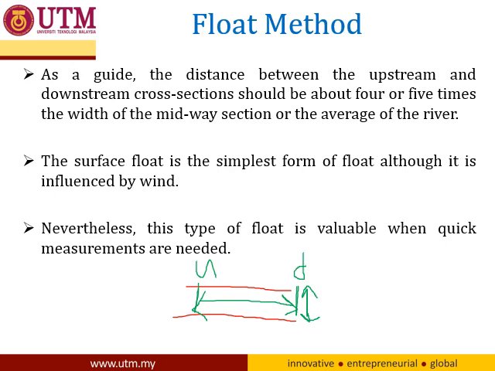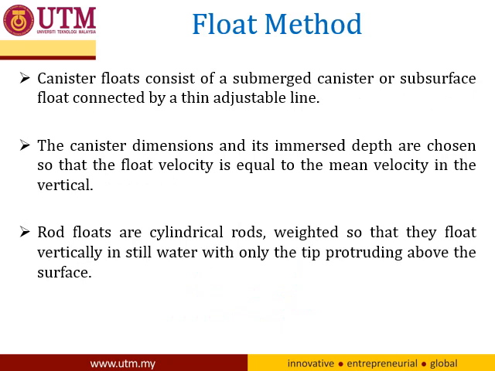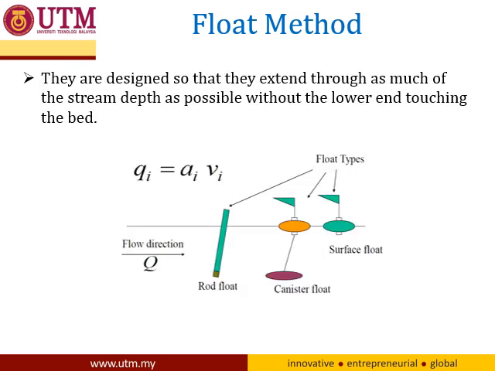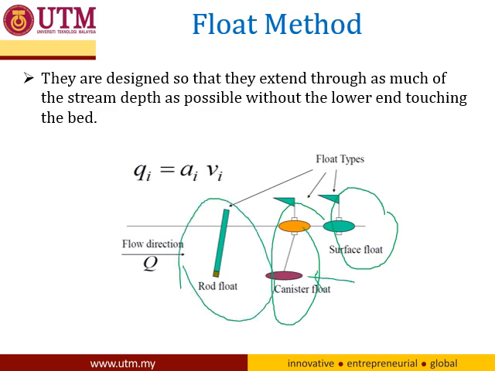The surface float is the simplest form of flow measurement, although it is influenced by wind. Nevertheless, this type of float is useful when quick measurements are needed. There are many types of float, like canister floats or rod floats. Let's see an example: a canister float, which is a surface float, has some weight inside, and there are also rod floats.